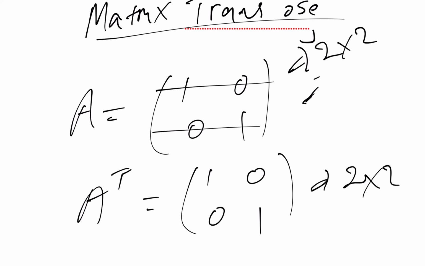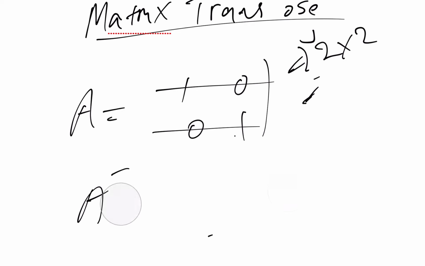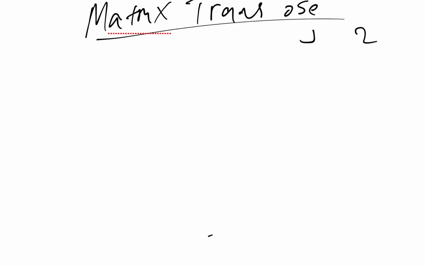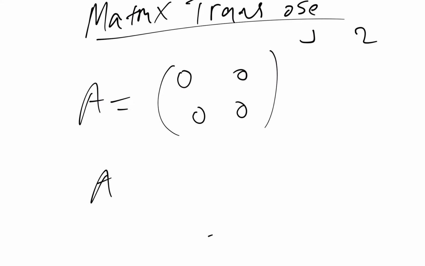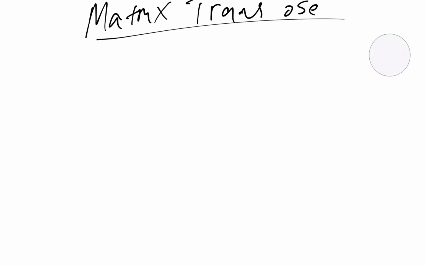But beside the order remaining the same, even the matrix remains the same: 1 0 0 1 and 1 0 0 1. So those are special cases. Even a zero matrix, 0 0 0 0, the transpose of this matrix will also be 0 0 0 0, so it doesn't change. All right, I think we are done.